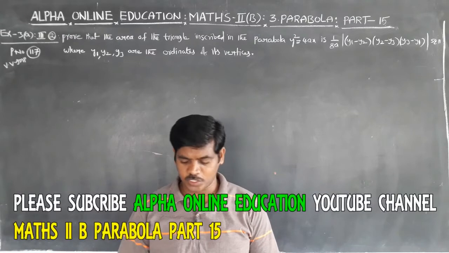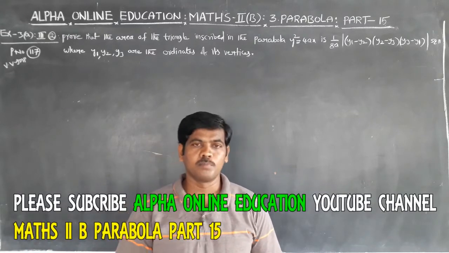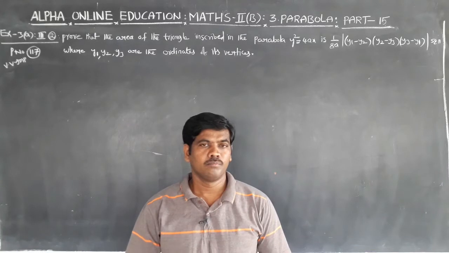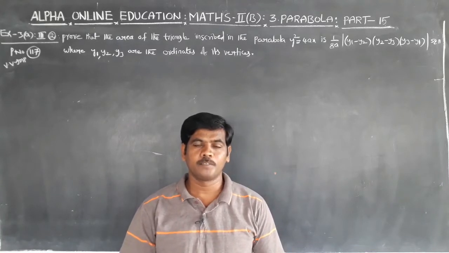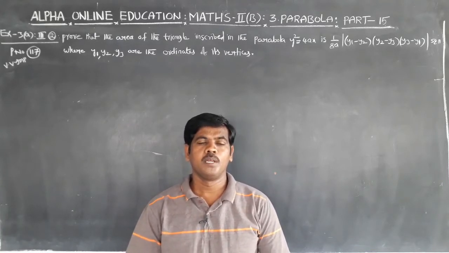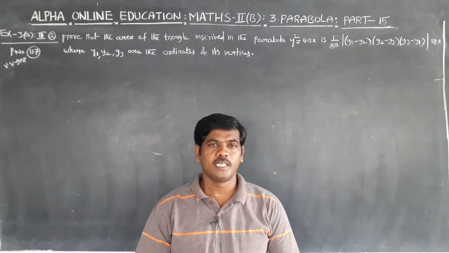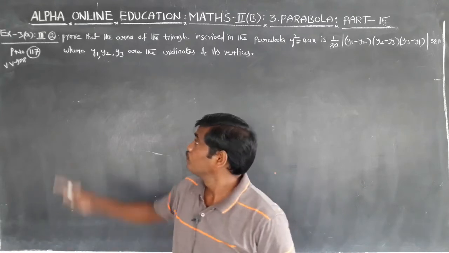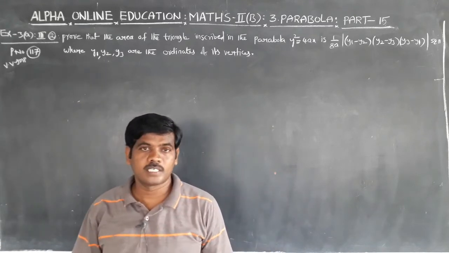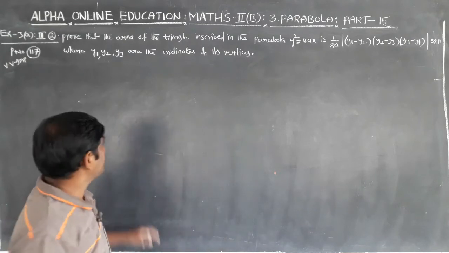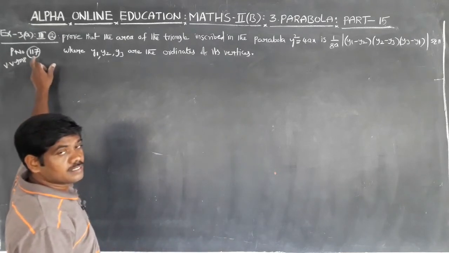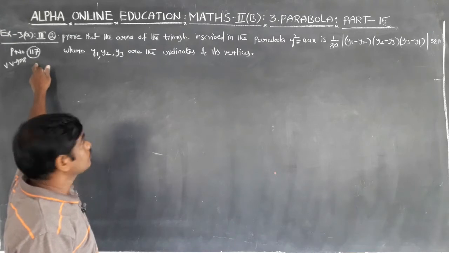One 7 marks question, most important problem, Mathematics 2B, third chapter, Parabola, Exercise 3A, third bit, second problem, page number 117 in textbook.